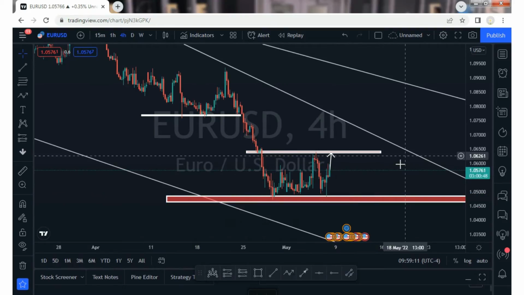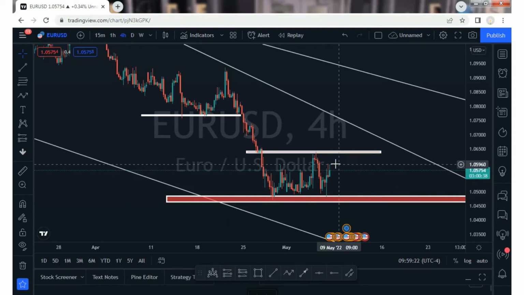Let me make this nice. Okay, now we can see price is moving up. So what I'm waiting for is price to respect or break. So two possible things can happen.